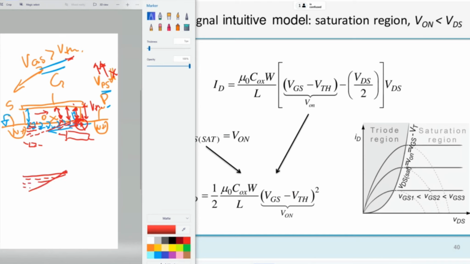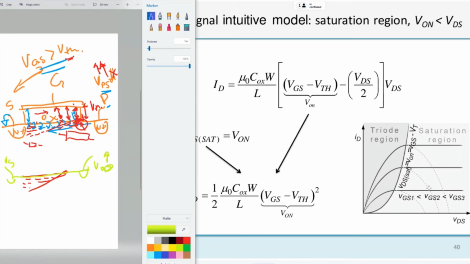Say this is the channel, and this is my structure, and here my drain source voltage is, so this is V drain, and this is V source here. This is the gate here. Now this is higher.